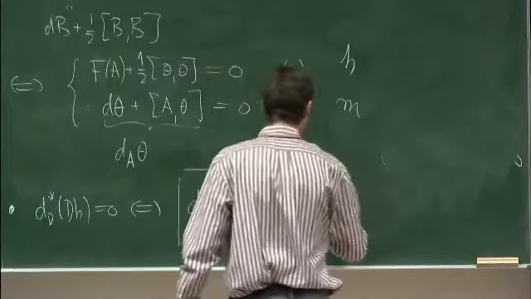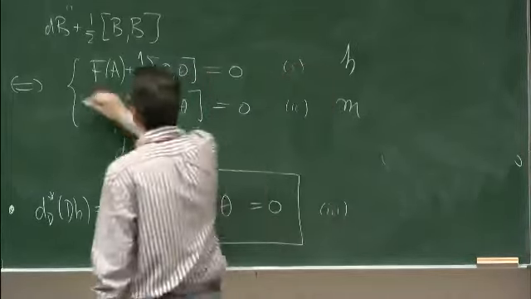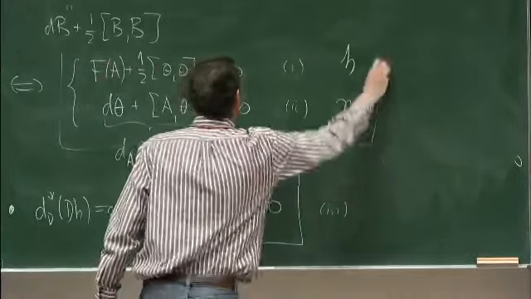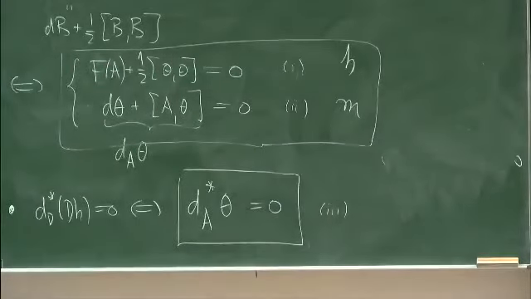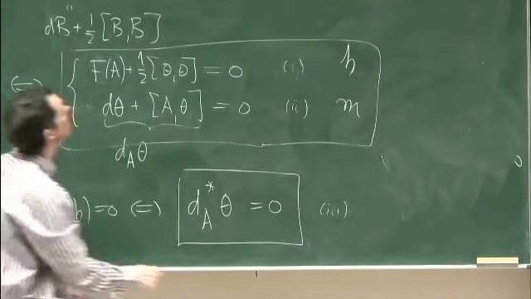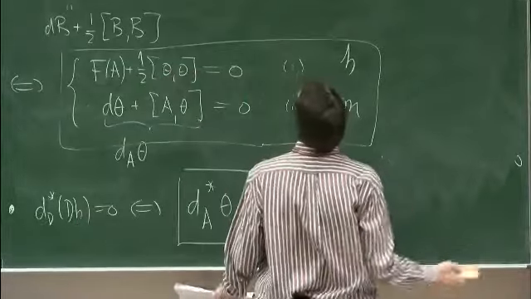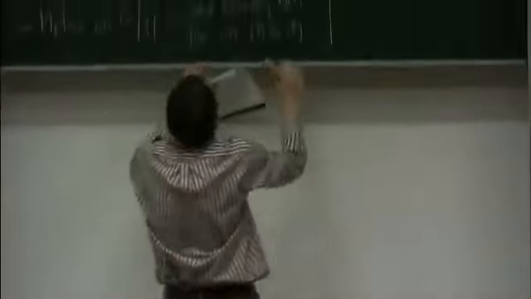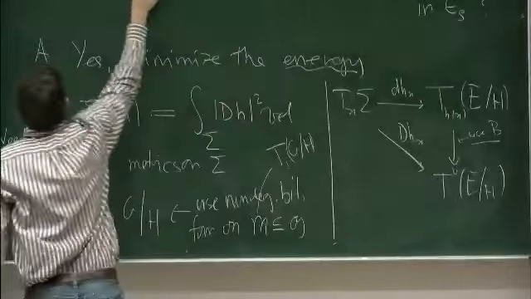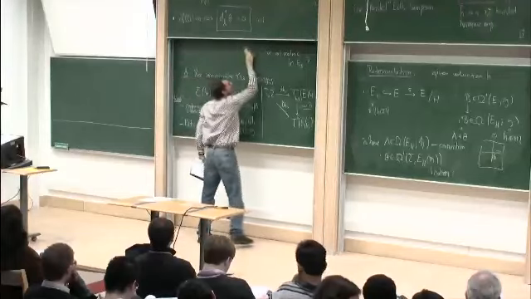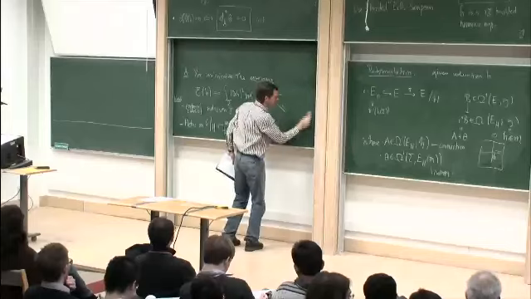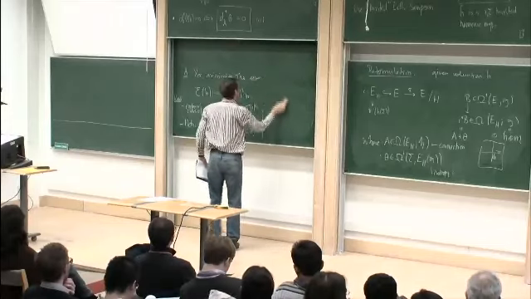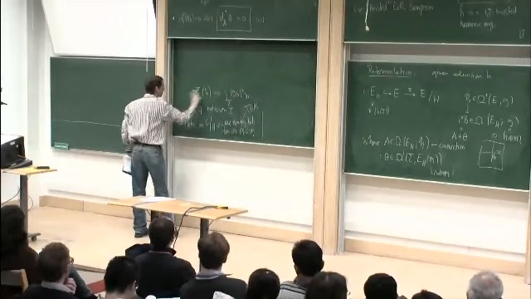Let me call this the third equation. So the upshot of all this is that each point in the character variety, for a fixed topological class, we can associate this pair A and theta.